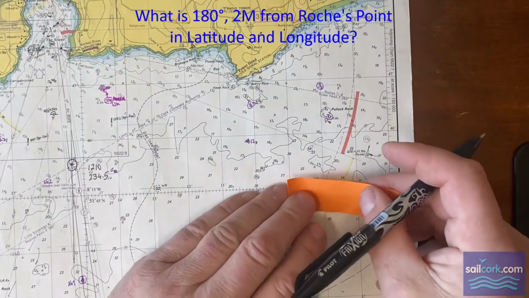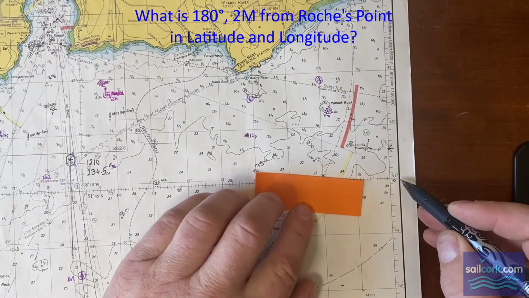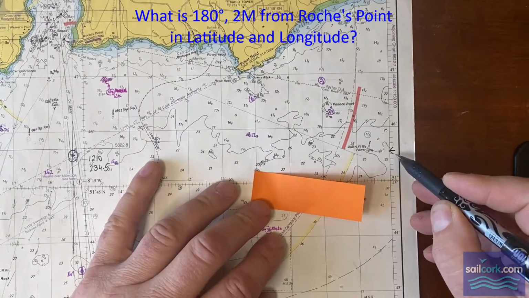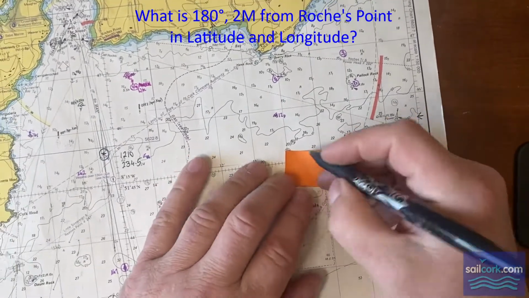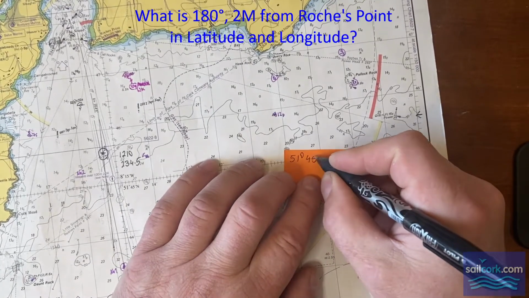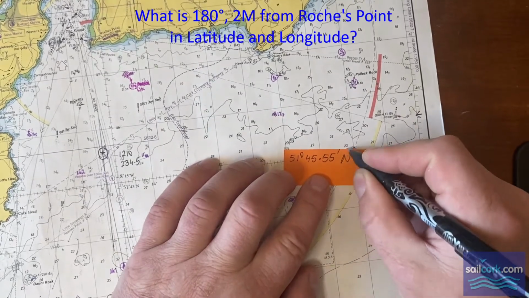So my latitude position, just put it on a note here. So it's 51 degrees 45. That's 46. So it's 45 point something. 45.5, 45.55. So I mark it 51 degrees 45.55 minutes north.